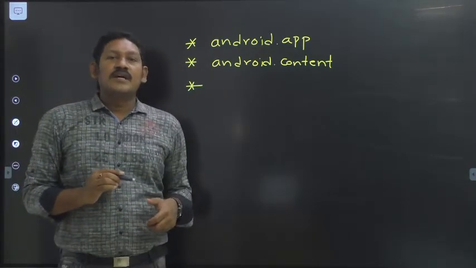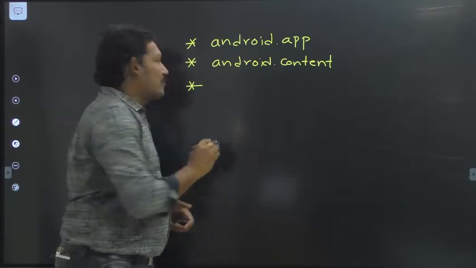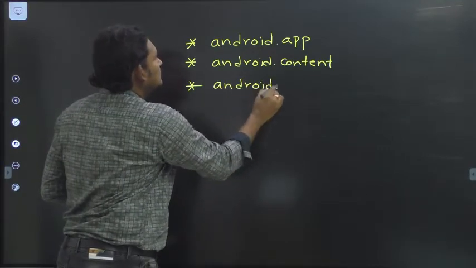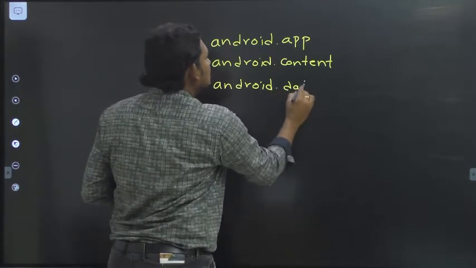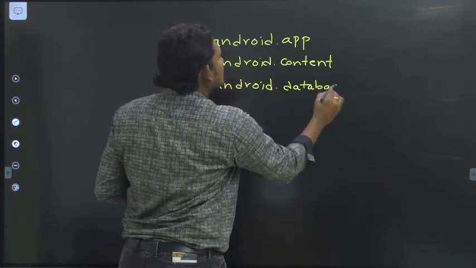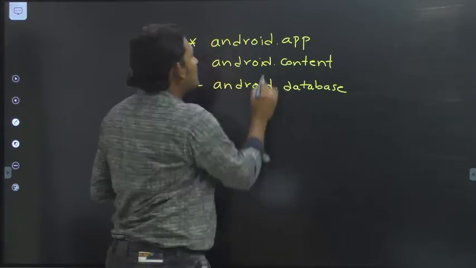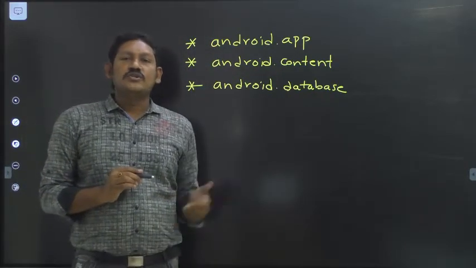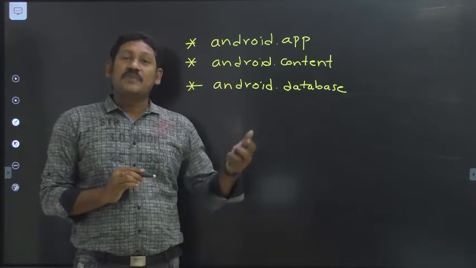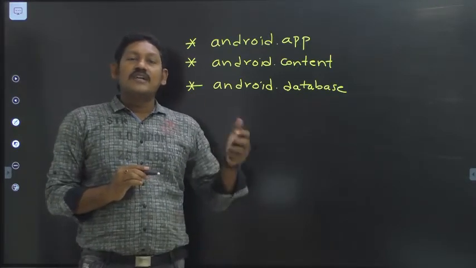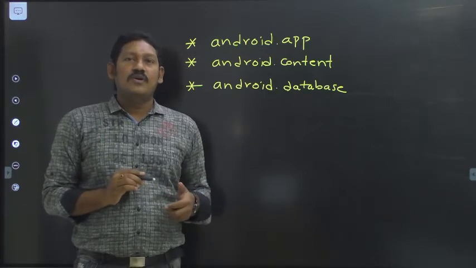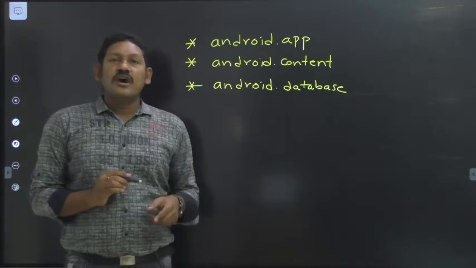The third one is Android.database. It is used to access data published by content providers and includes SQLite database management classes also.